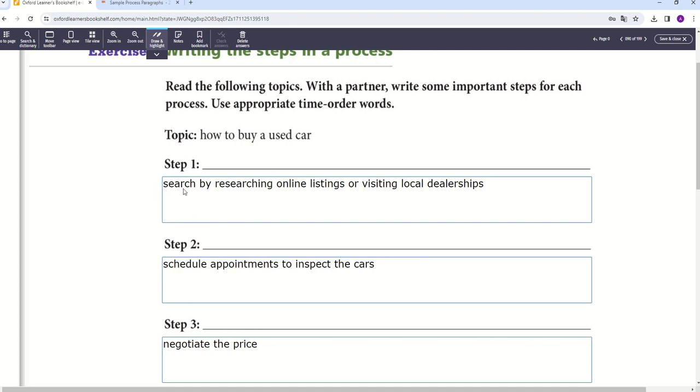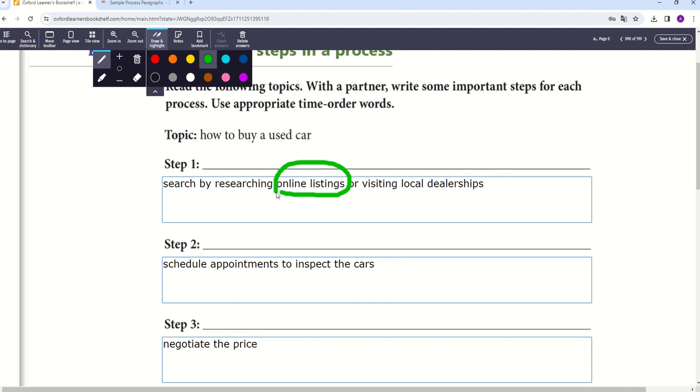This one: search by researching online listings or visiting local dealerships. It is possible, right, to do research for an online second-hand car shop, or go to the shop, visit local dealerships.